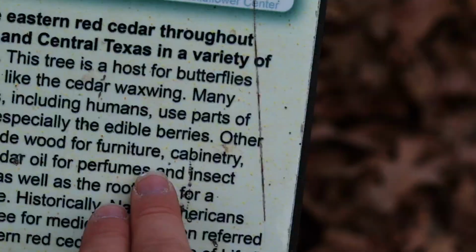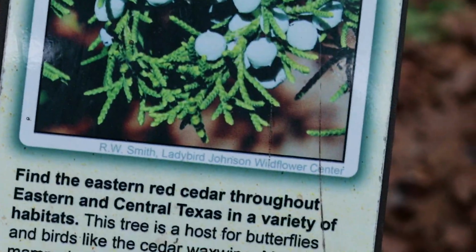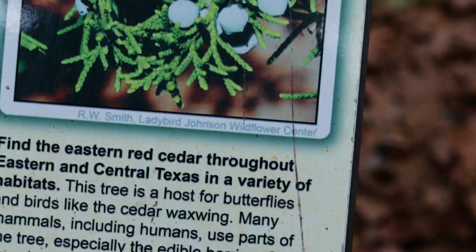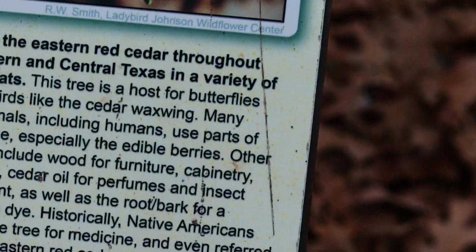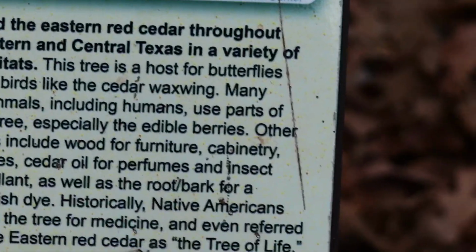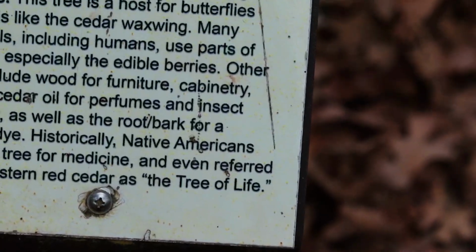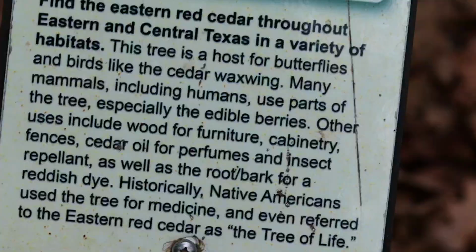Other uses include wood for furniture, cabinets, fences, cedar oil, perfumes, insect repellent, as well as root and bark for a reddish dye. Historically, Native Americans used the tree for medicine and even referred to the eastern red cedar as the tree of life.